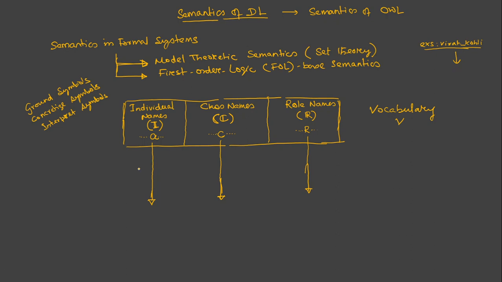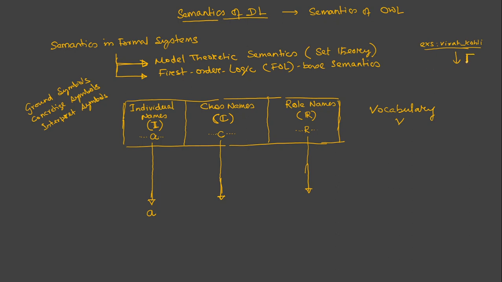And let us assume that this A, after transforming this symbol into its proper concrete term, let us assume that hypothetically there is a function that will map this symbol to the real Virat Kohli, right? So let us represent that function to be say big gamma, right?